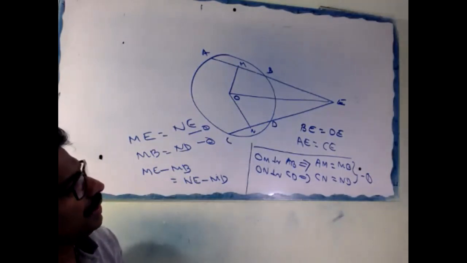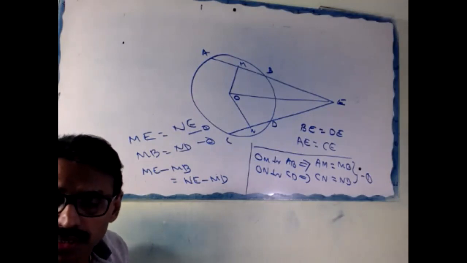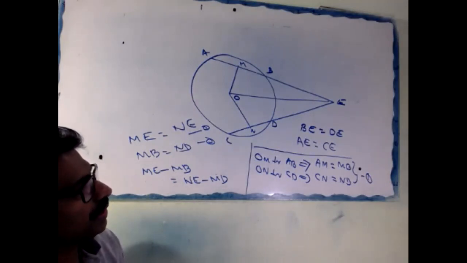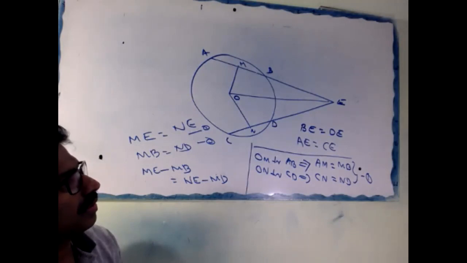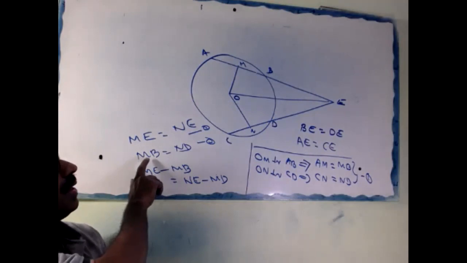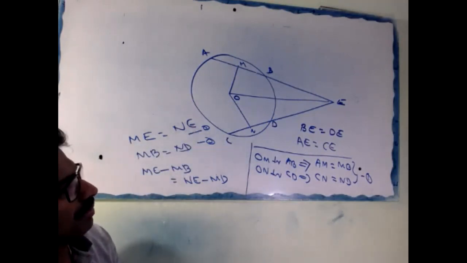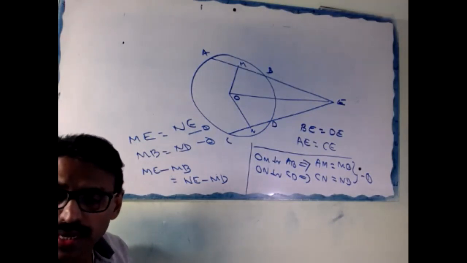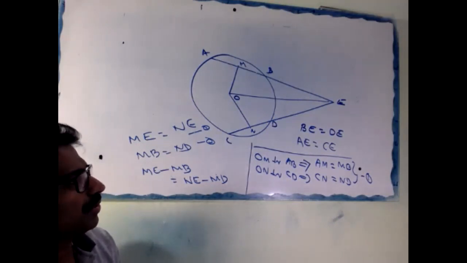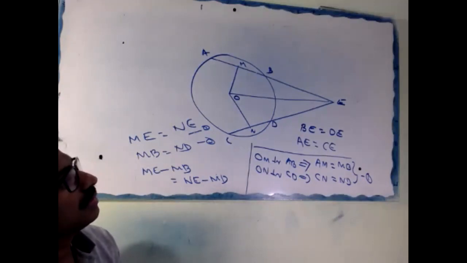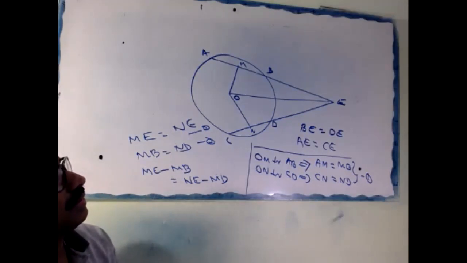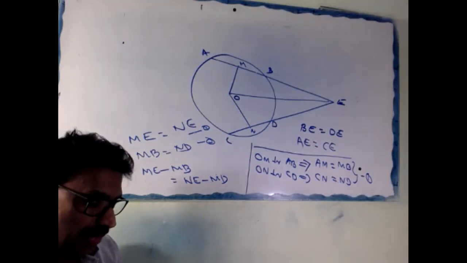Okay, we got BE equals DE, then ME equals NE. AM equals CN, so adding AM plus ME equals CN plus NE. What is that? AE equals CE.